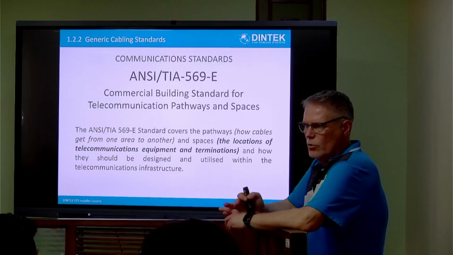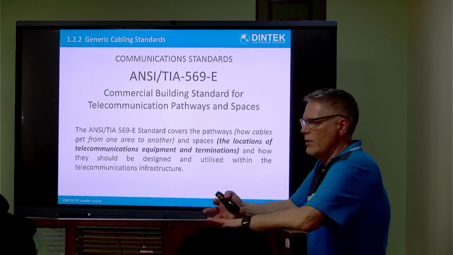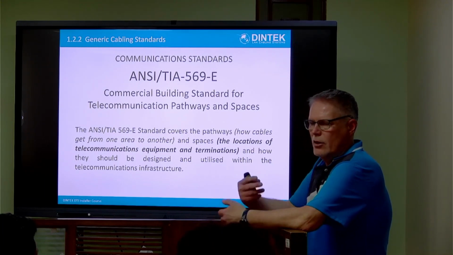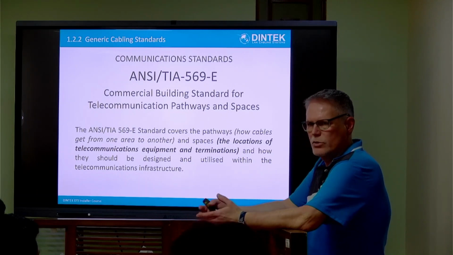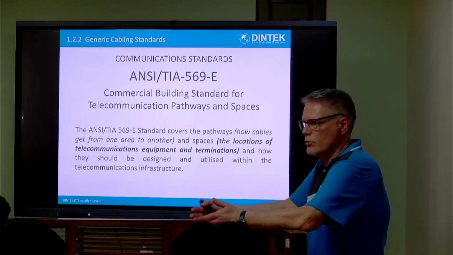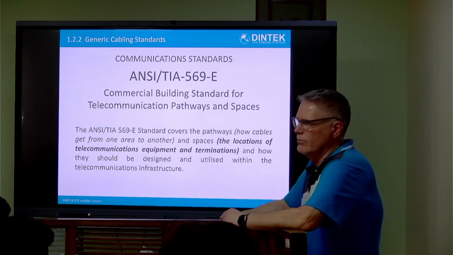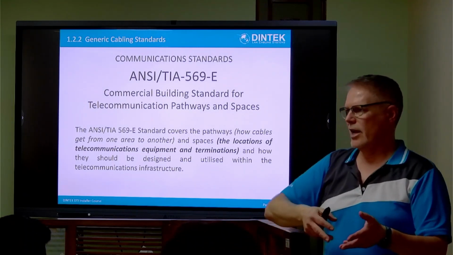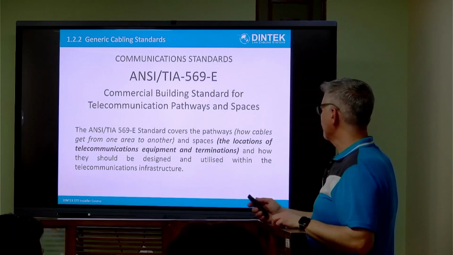So it's got to do with setting up pathways for cabling, whether it's conduits or cable tray, ducts, risers, how you actually set them up, the size of the cables, the amount of cables you can put, so the size of the cable trays. All that information is included in the 569. So it's not the actual cable, how you install the cable, it's the platform that you put the cable on.